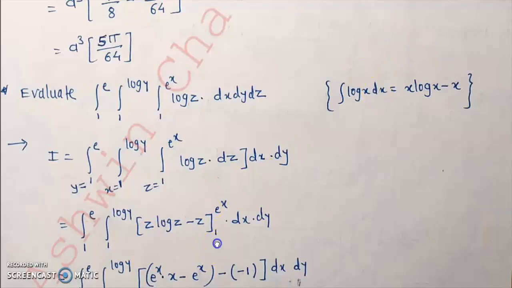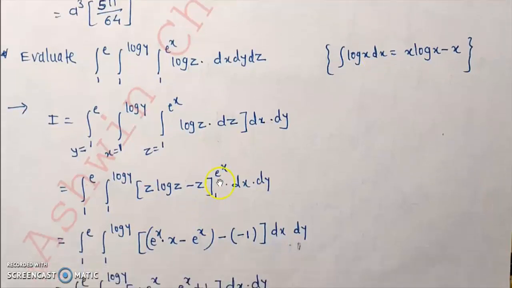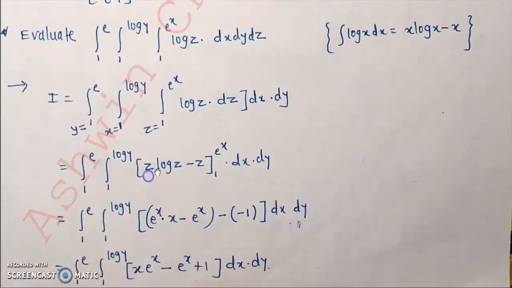Therefore in the limits 1 and e raised to x, it gives us upper limit z as e raised to x. So e raised to x into log of e raised to x is x. I repeat, log of e raised to x is x, like in the previous example, minus z is e raised to x. So this bracket is nothing but upper limit minus lower limit z as 1.